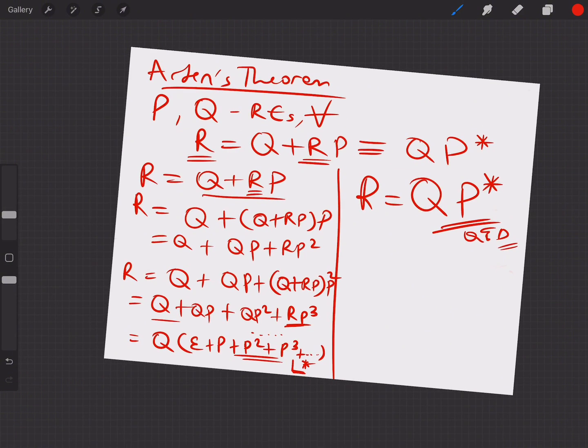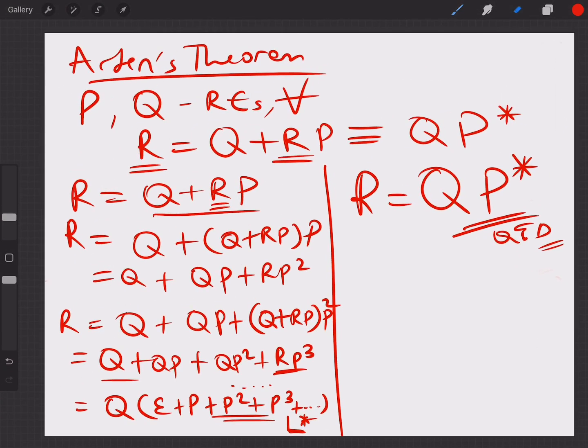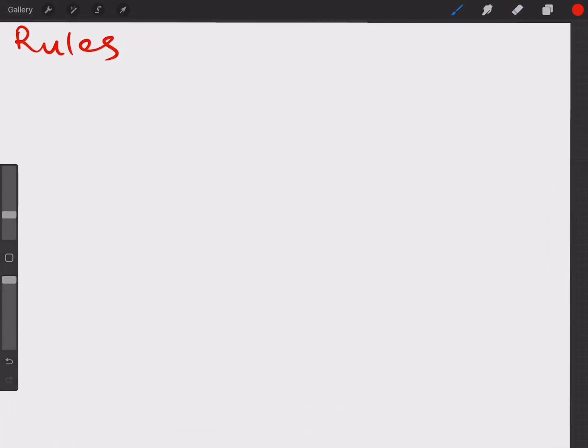How do we use this in dealing with DFAs? We'll attempt a few questions, but before that, let's establish some rules. So what are the rules?